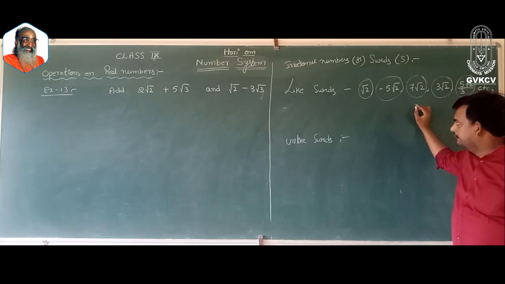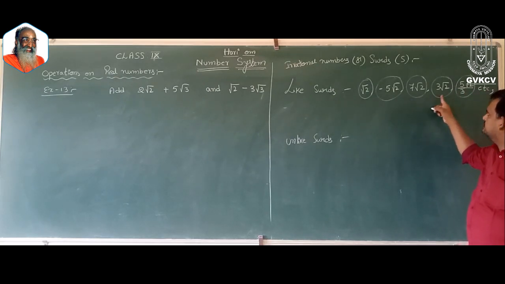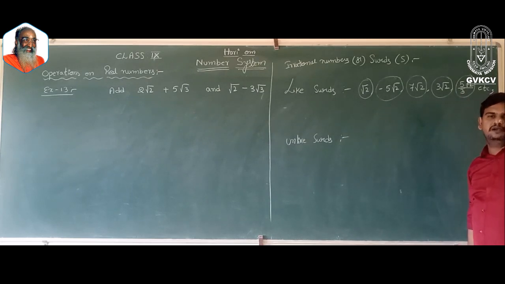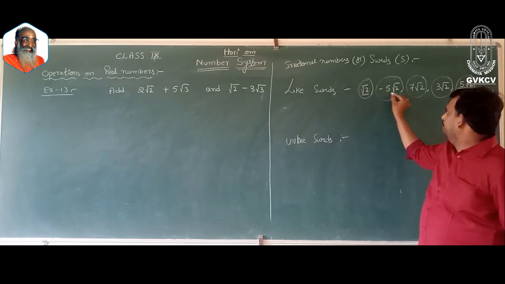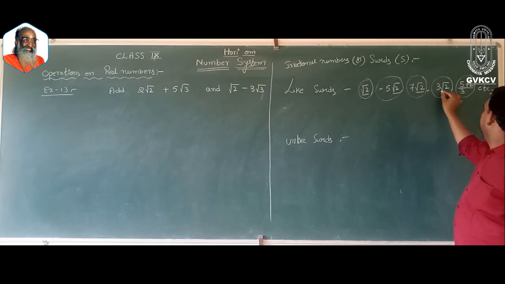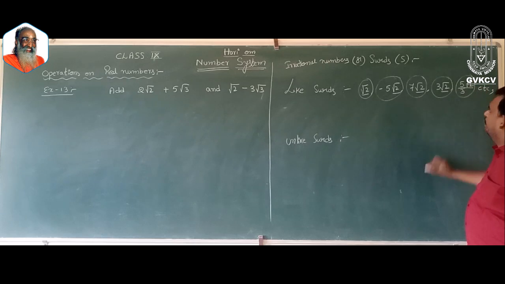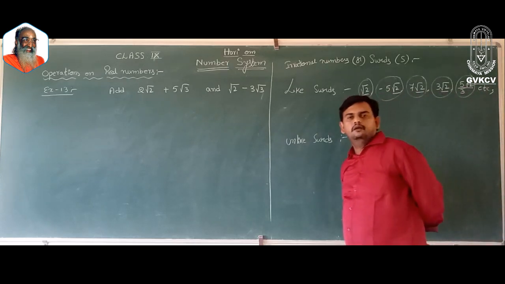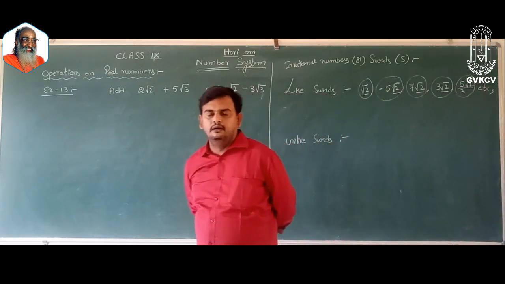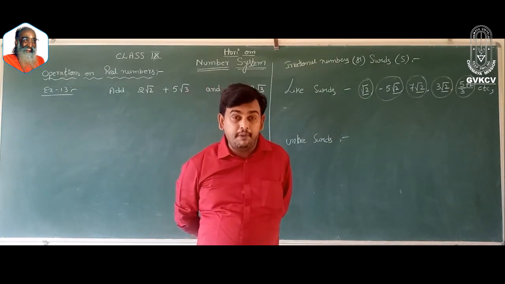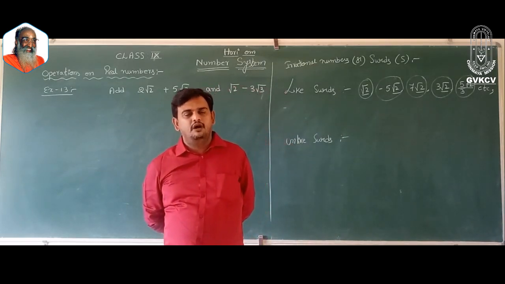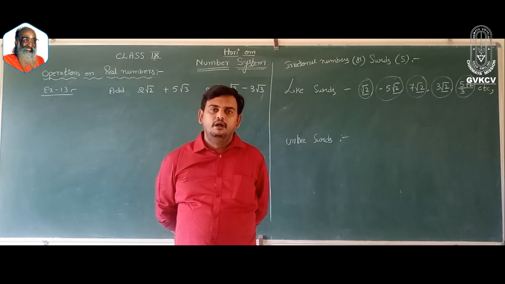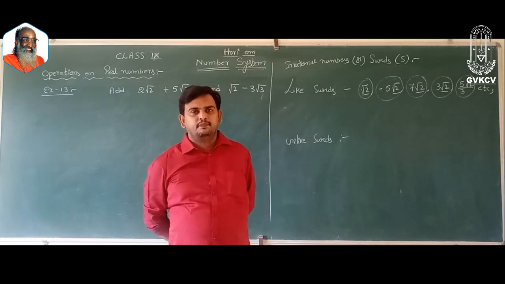Now, in all these irrational numbers, what is the common factor we have? Root 2 everywhere. The common factor, the irrational part, is root 2. That's why these surds are called like surds.